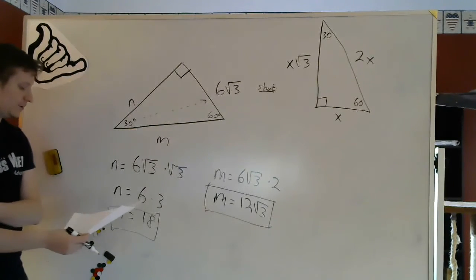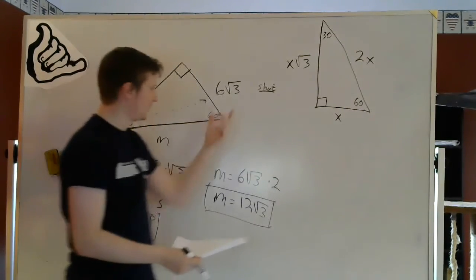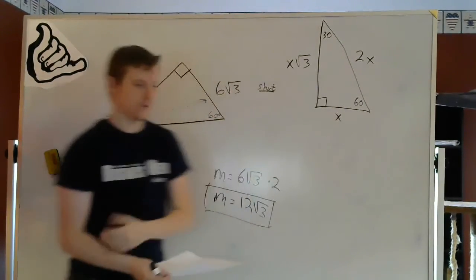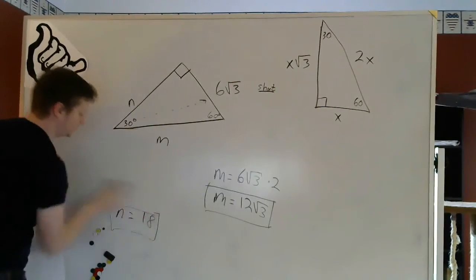So far we've taken a look at a problem where I've given you the hypotenuse, and now we've taken a look at a problem where I give you the short side. Let's look at what happens when I give you the long side, or the medium side.